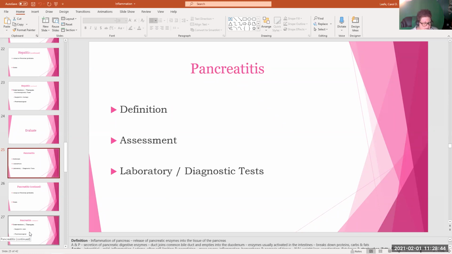So again, NPO, TPN, they may even put an NG tube to suction to promote organ rest and reduce those pancreatic secretions. IV fluids for hydration status, weighing daily, we talked about that. Antiemetics are ordered, frequent oral hygiene. We want to assess the bowel movements and monitor I&O.